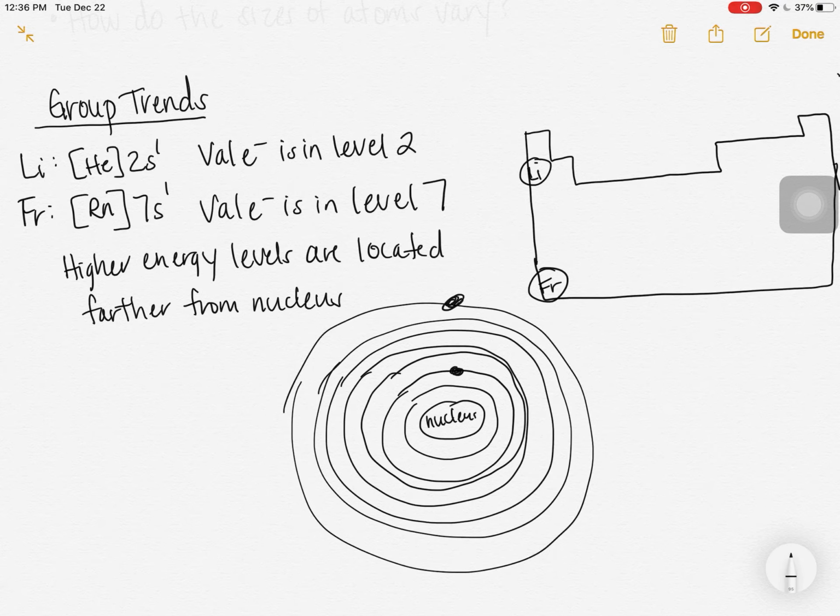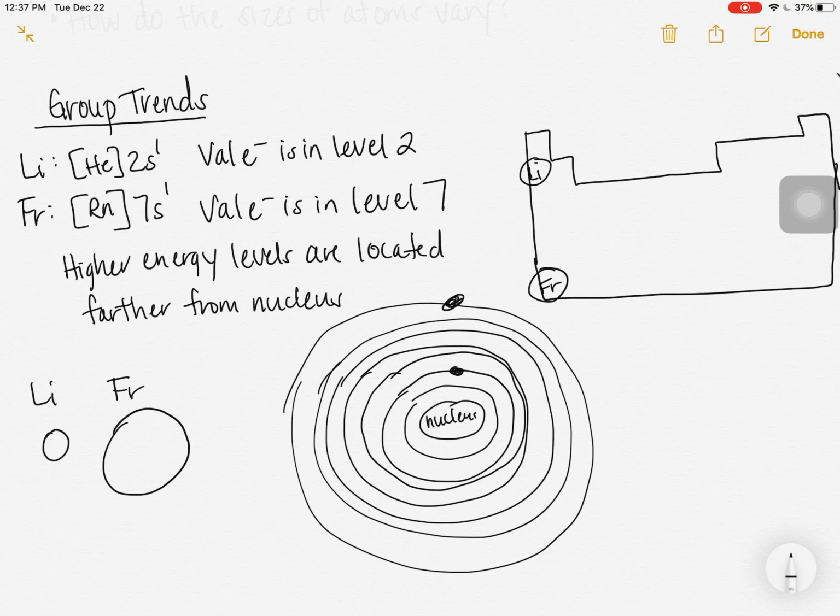Oh, there's francium's electron, and look how much bigger francium is just because its valence electron is located in the 7th energy level, which is much farther from the nucleus. So if I were to draw these in comparison, lithium might look like this, and francium's going to look like that. It's going to be much larger.